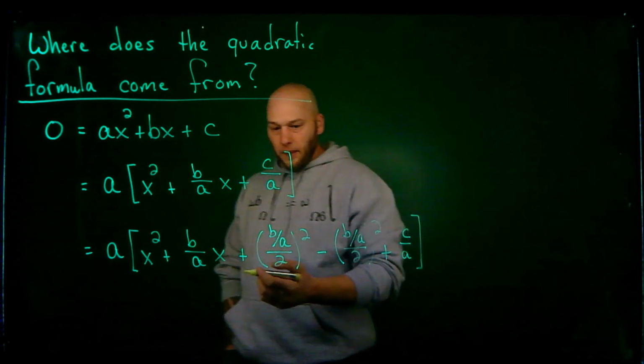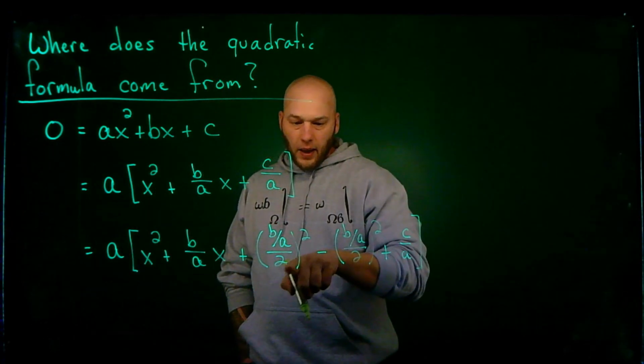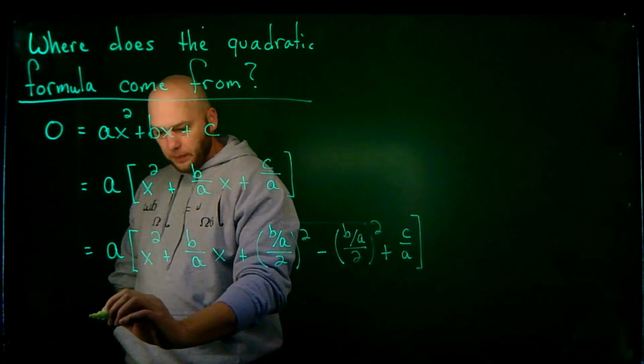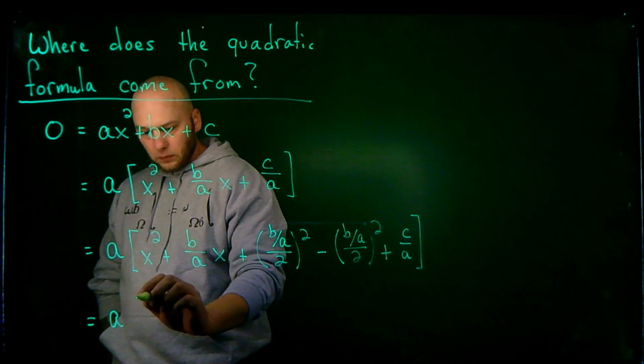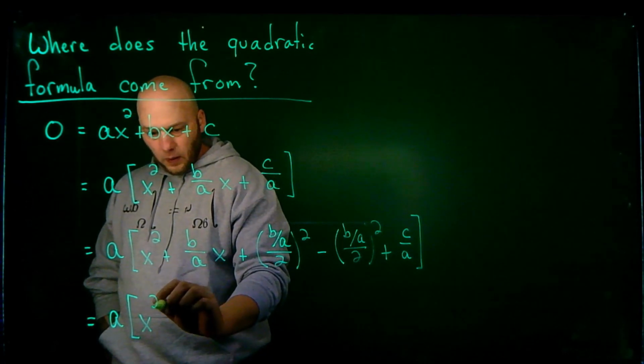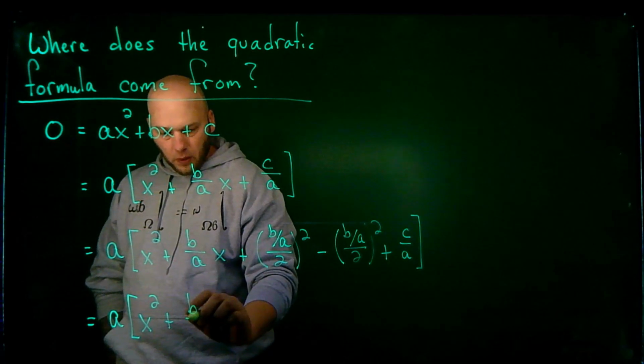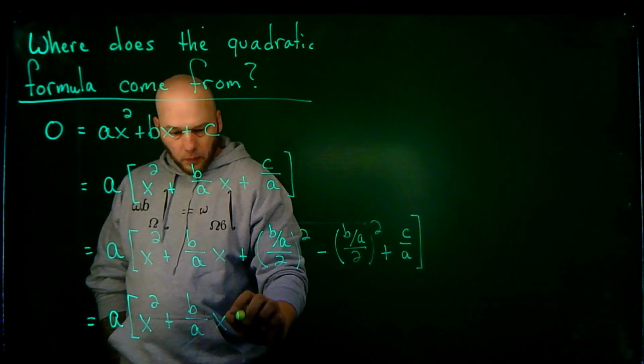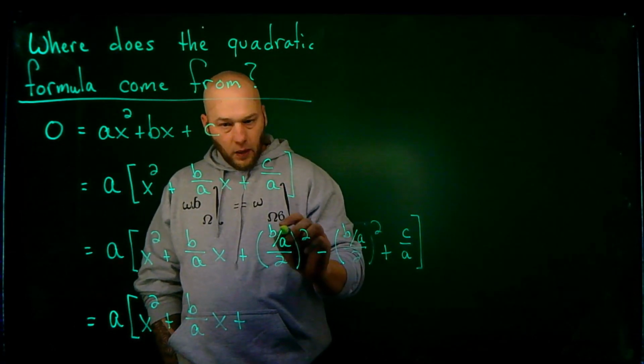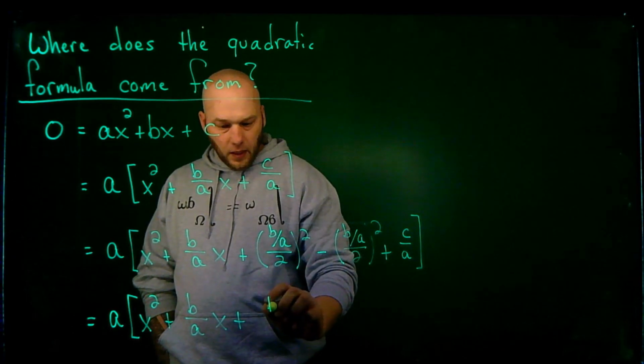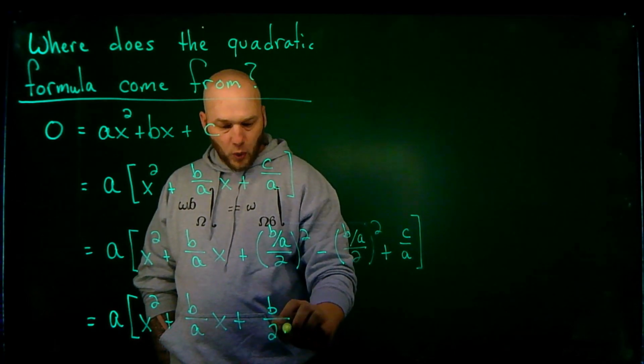Let's simplify what I have in the parentheses first. X squared plus b over a x plus, now b over a over 2 is the same thing as b over 2a.